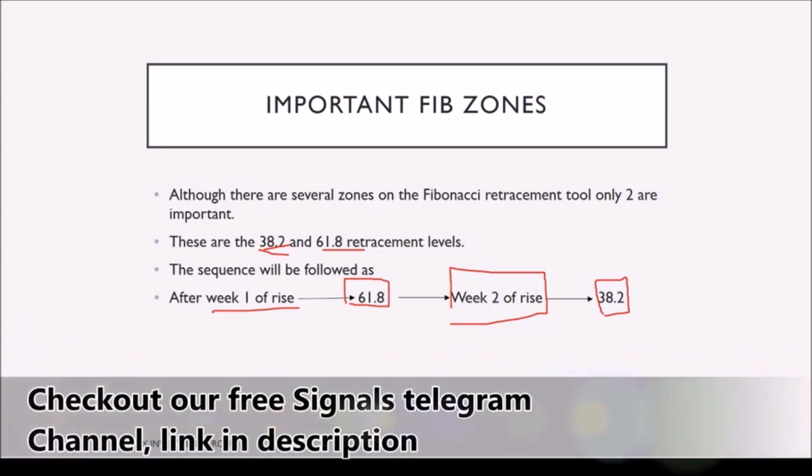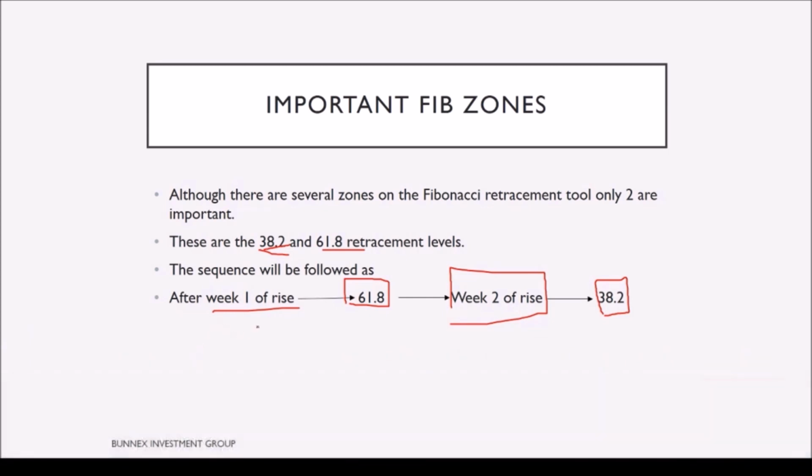After getting the high, we have point A, which is the low of this week, and point B, which is the high of this week. Then we apply our Fibonacci retracement level. At 61.8, that is where we put a zone to expect the market to come back, so that we can make use of that zone.